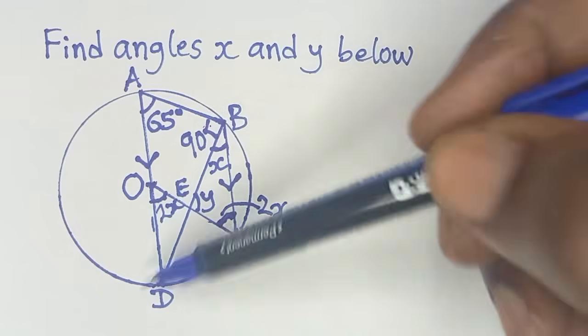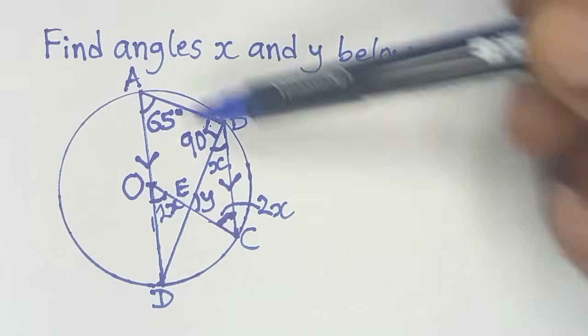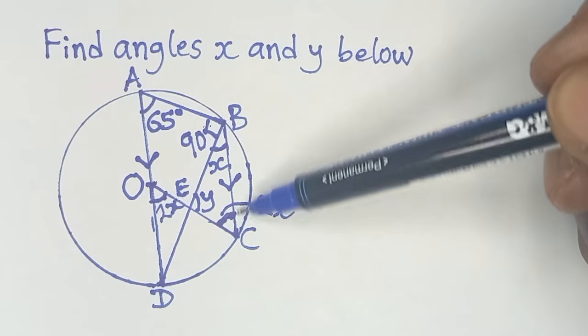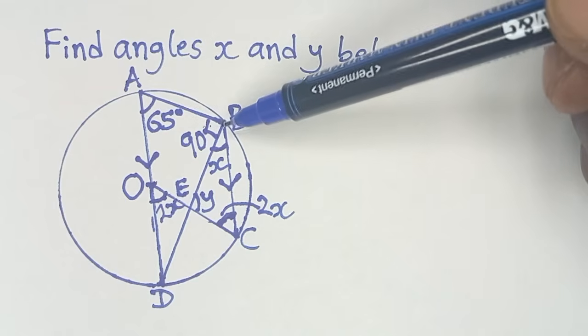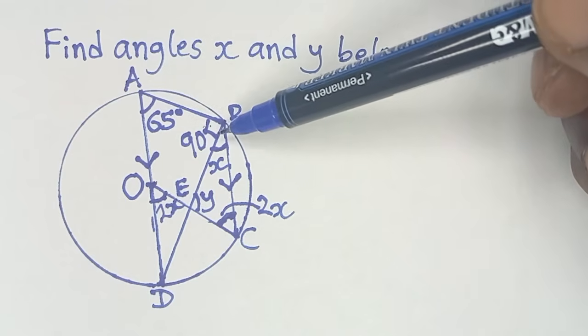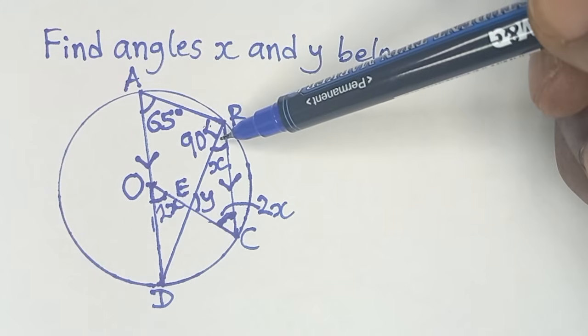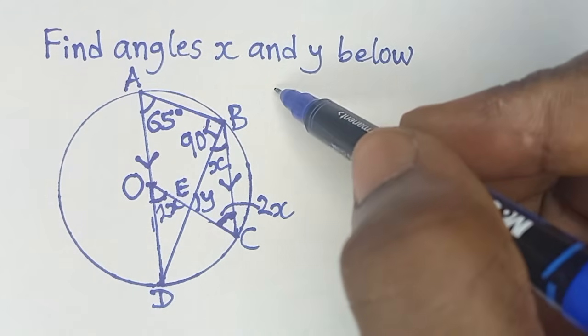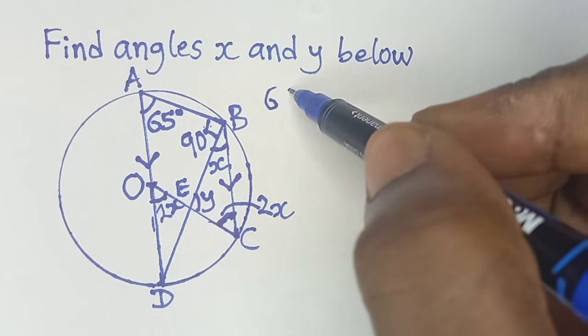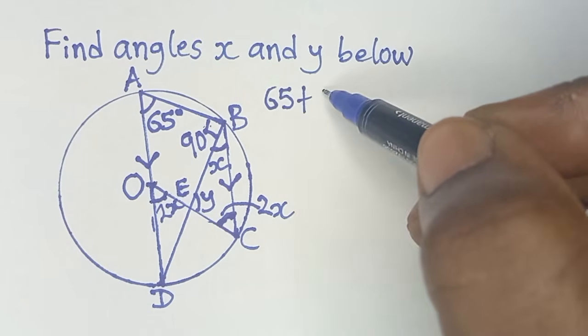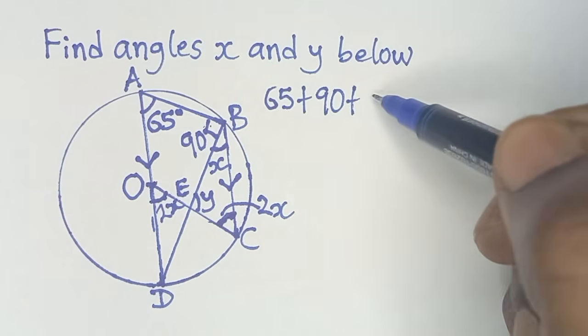This is a parallel line and this is another parallel line. So these two lines are parallel to each other. The angles facing each other between the parallel lines are called co-interior angles. And don't forget that co-interior angles add up to 180 degrees.